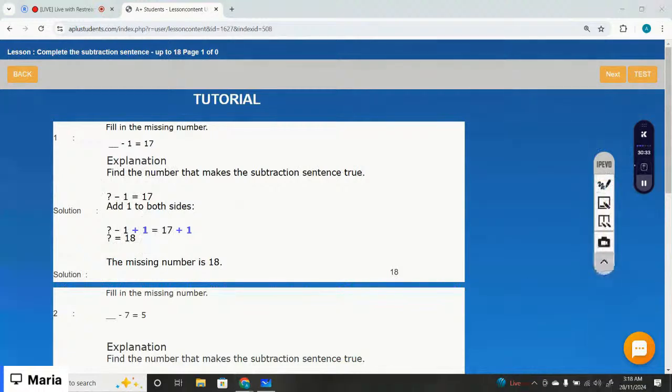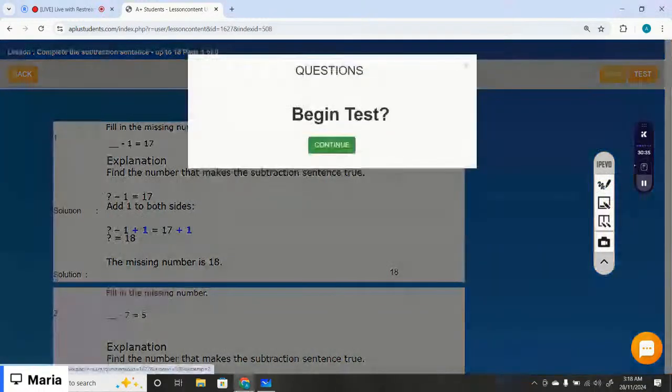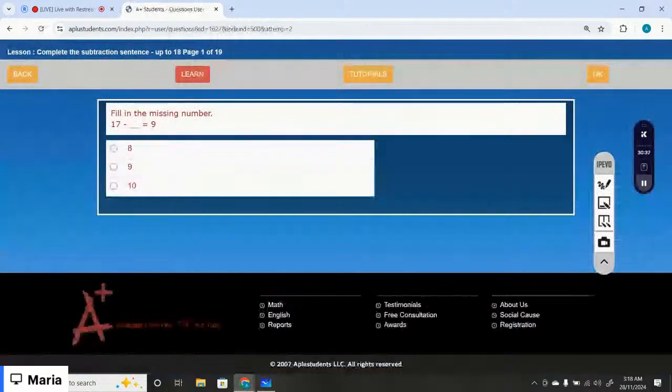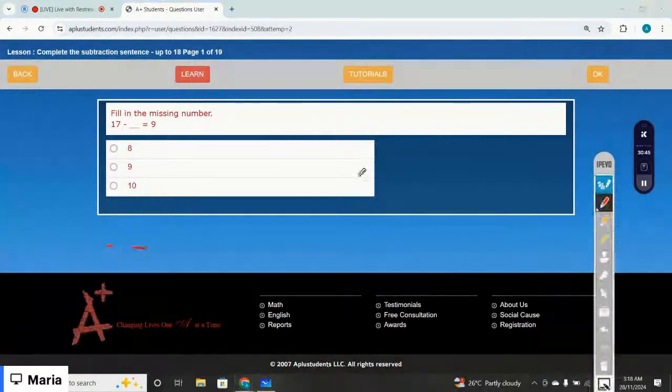Let's just start with the test questions. Fill in the missing number. So the basic thing you need to learn here is you always subtract a smaller number out of the greater one when subtracting. So here you are given the greater number. That means the missing number must be smaller, right?